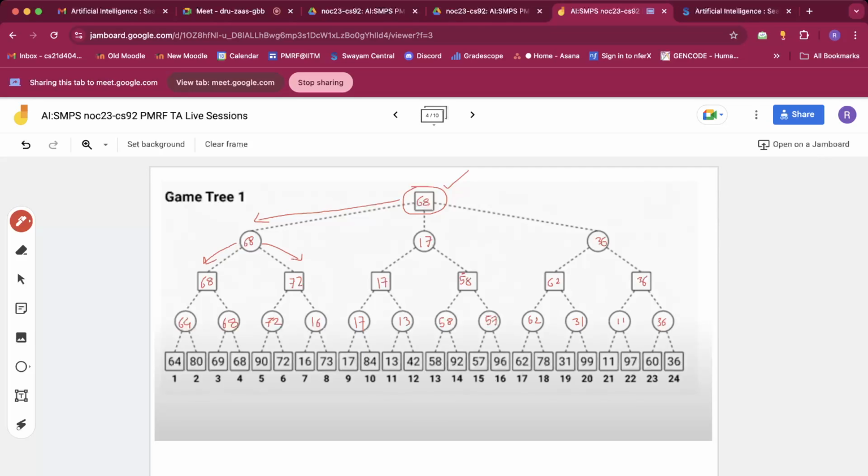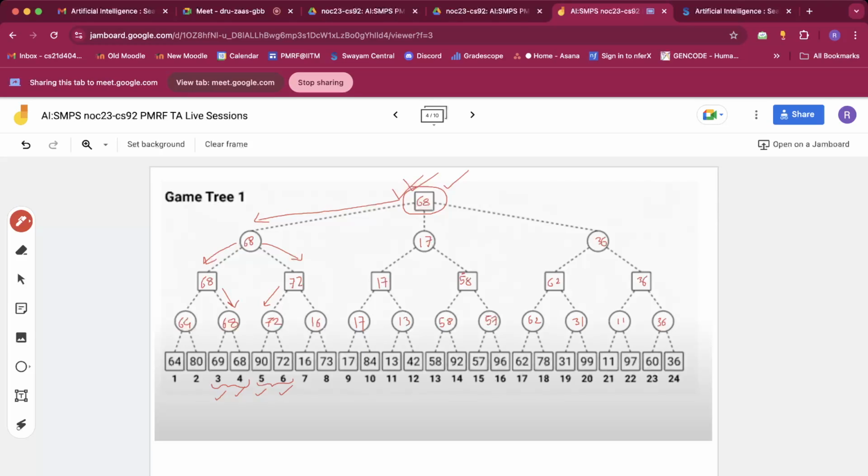This 68 comes from this min node, that in turn comes from comparing 69 and 68, which are nodes 3 and 4, and this 72 comes from this min node over here, that comes from comparing nodes 5 and 6, which contain 90 and 72. So the nodes that are contributing towards this final 68 would be 3, 4, 5 and 6.